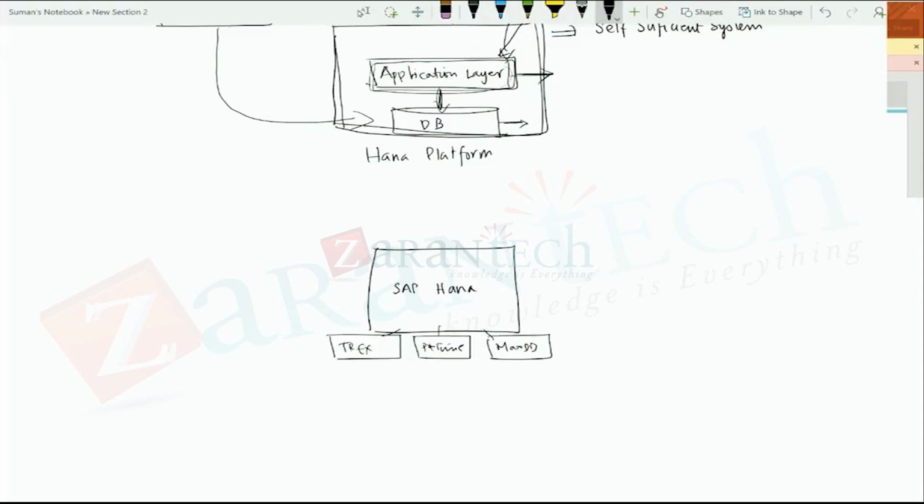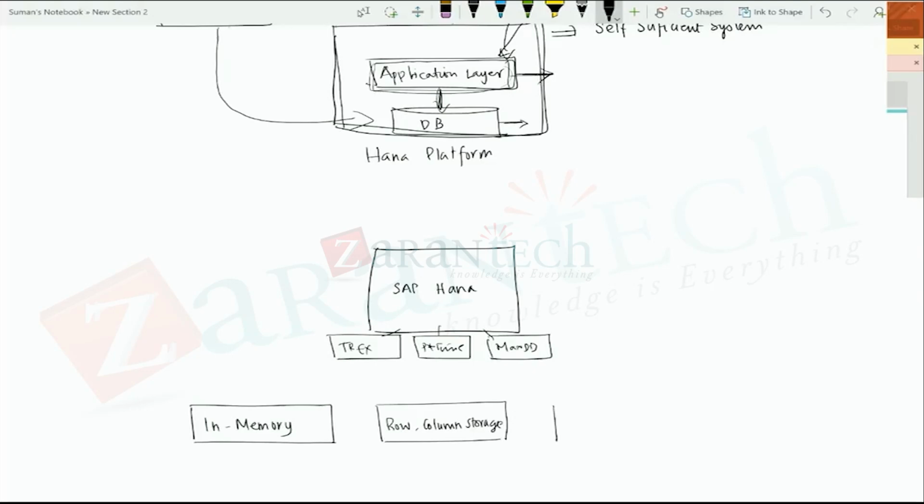One such factor is its in-memory functionality, so we need to understand the capabilities of in-memory. The next functionality is that it has row and column storage. We will talk in depth about what this means.